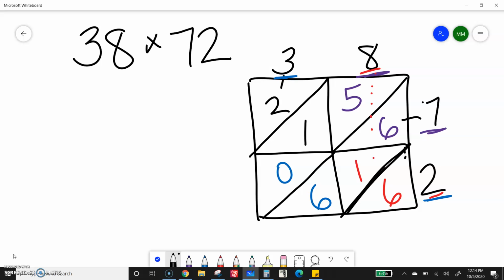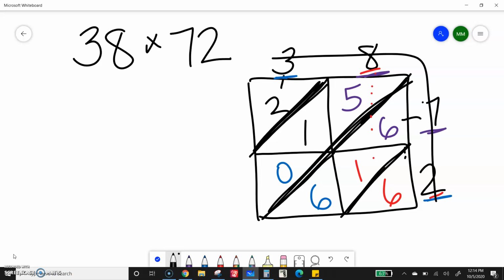Now I will add my diagonals. It can be helpful to make them thicker if you don't want to get confused. So I can ignore those numbers. I just have 6 here. Here I have 6 plus 1 is 7, plus 6 is 13. Write the 3, carry the 1.